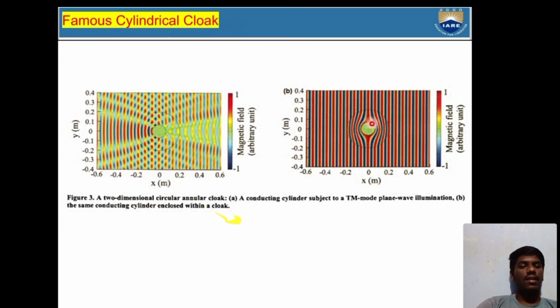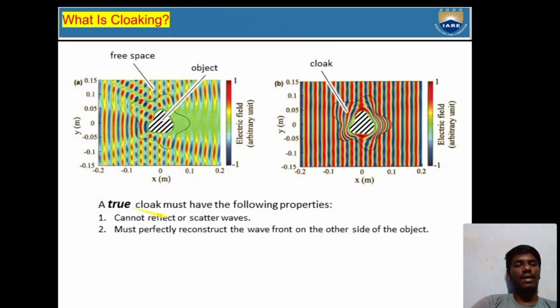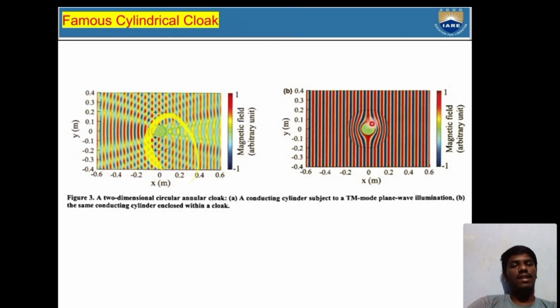A conducting cylinder is subjected to TM plane wave illumination. In figure B, the same conducting cylinder is cloaked. We took the same plots of x and y, and this is the magnetic field. The only difference is that the shape here is circular and here it is cylindrical.